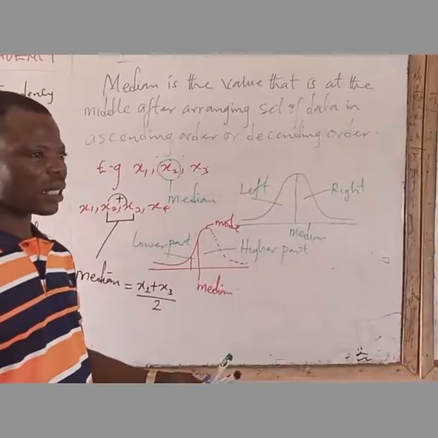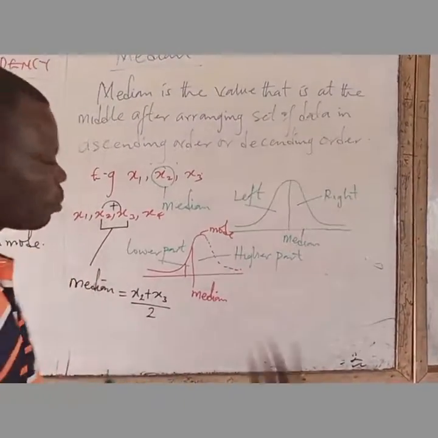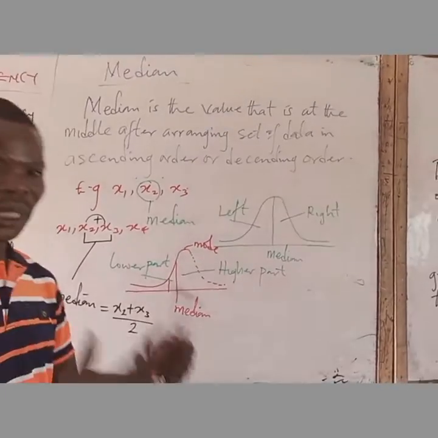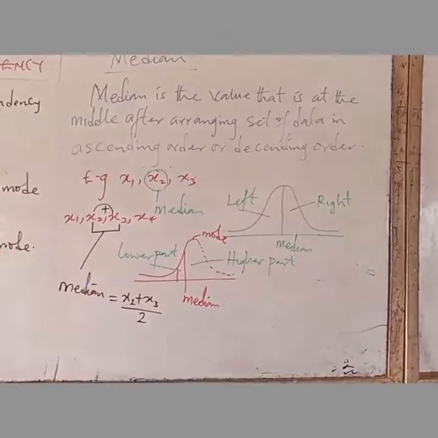But let's say we are dealing with grouped data. What is the median? The median is given by this formula.